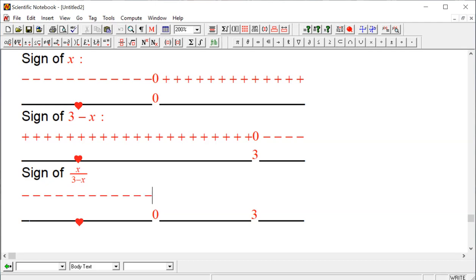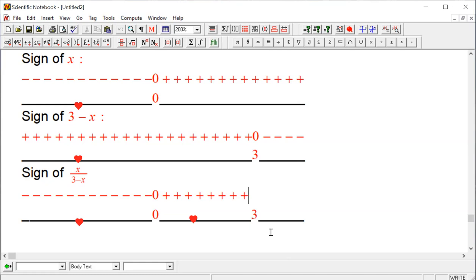At 0, when we choose x equal to 0, we have a numerator equal to 0 and the denominator is positive, so this is going to be 0. If we pick a number between 0 and 3, we're doing positive divided by positive. Positive divided by positive is going to be positive.